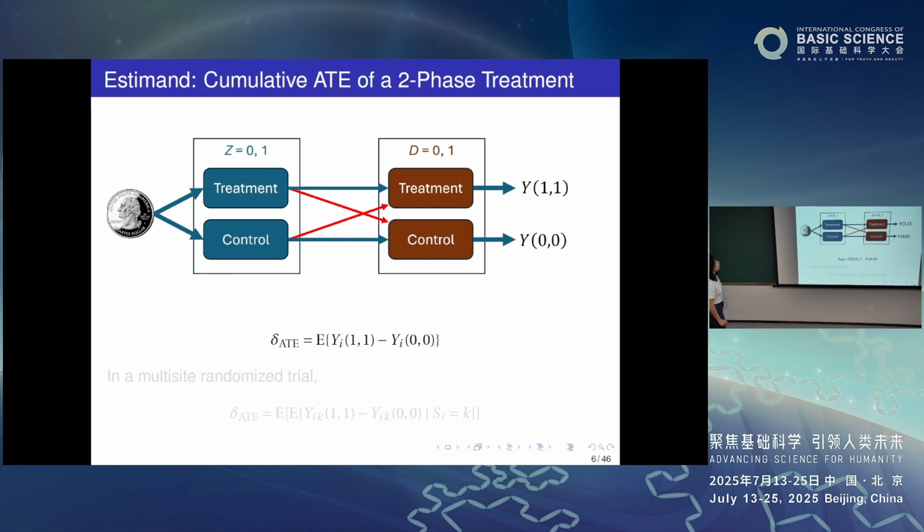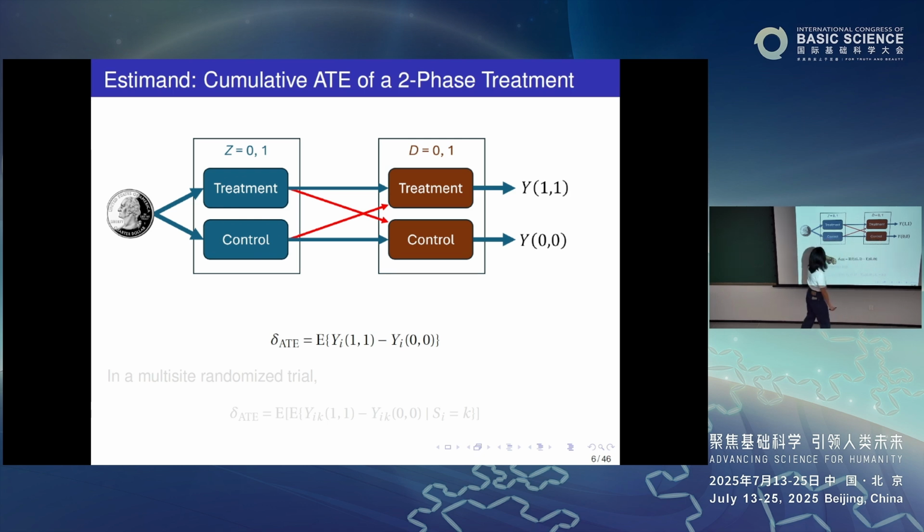Okay, what we are interested in this type of study is the cumulative average treatment effect. How does the outcome compare had the subjects taken treatment at both phases versus subjects taking control at both phases?